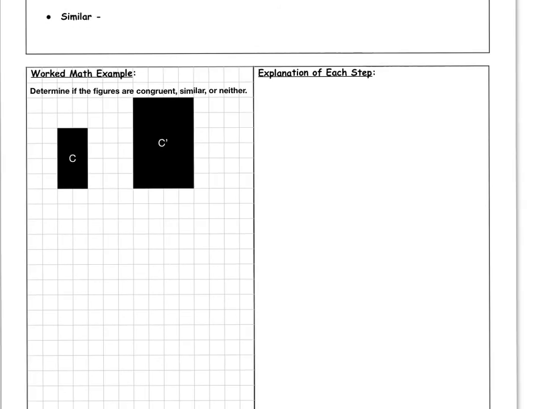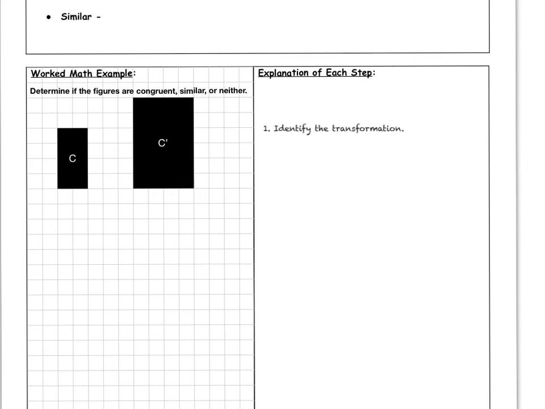For the third page, we're going to be looking at other shapes as well, but now you're going to be working on this one independently. I want to be giving you a hint. Remember, the first thing we need to do is identify the transformation. In this case, we're changing a small object into a larger object.